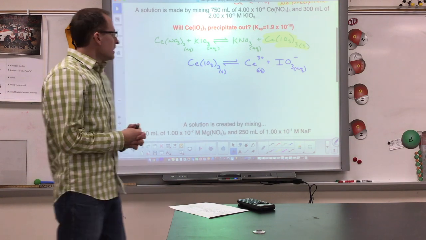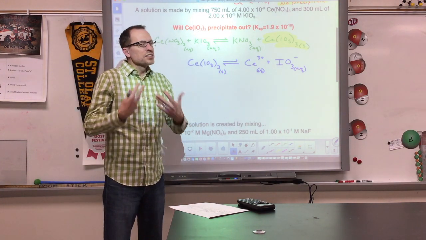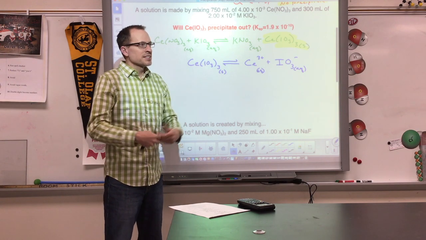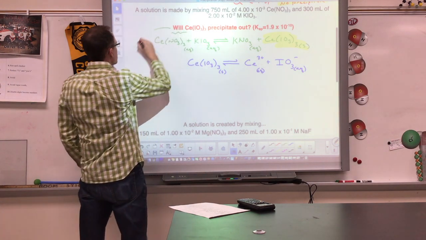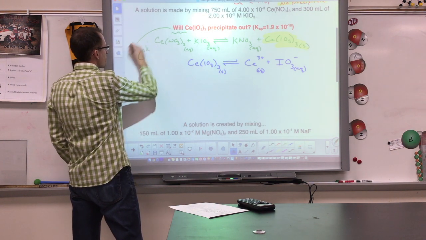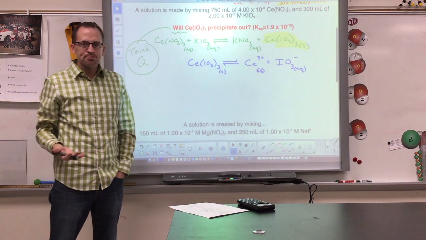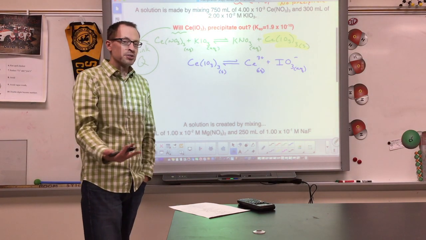If we are wondering, will it precipitate out, will something happen, predict, if it ever says anything like that, you need to think Q. Let's find out where they're at, and compare it to our K.